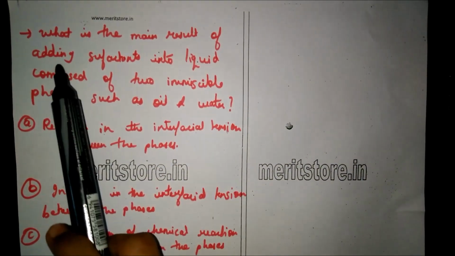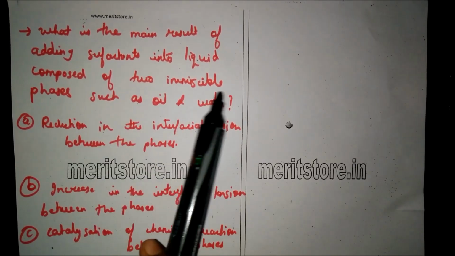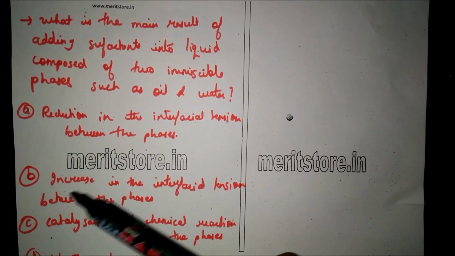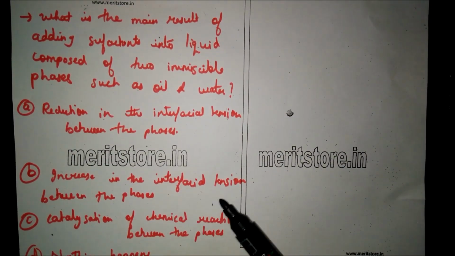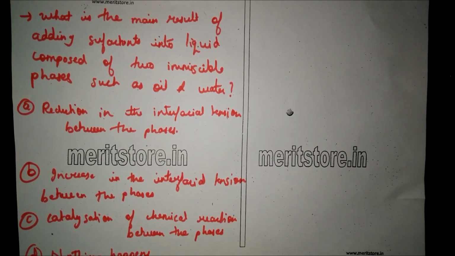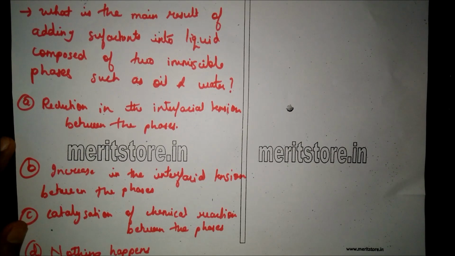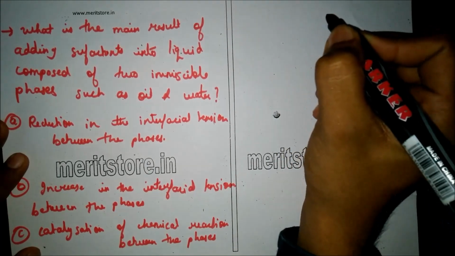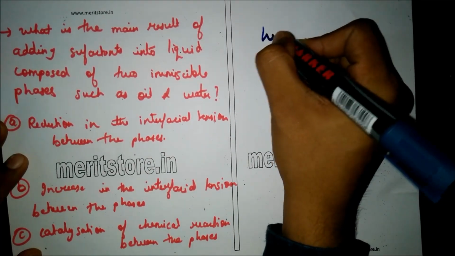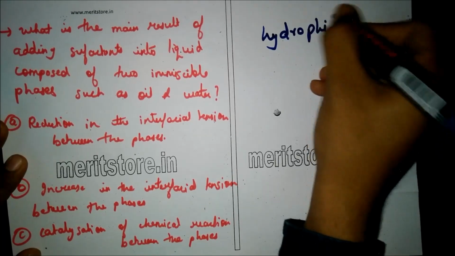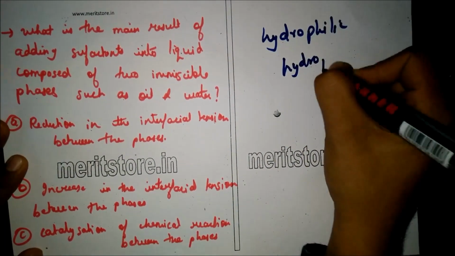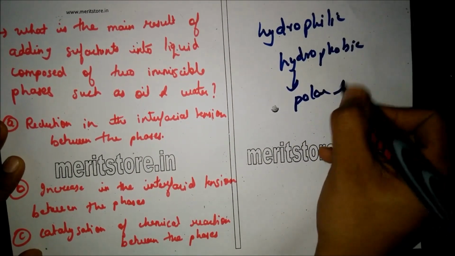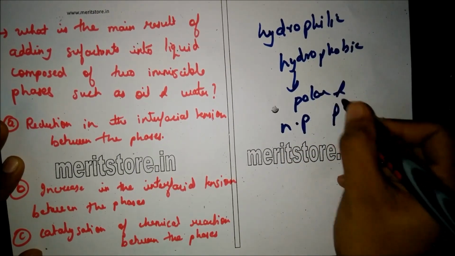What is the main result of adding surfactants into a liquid composed of two immiscible phases such as oil and water? A, reduction in the interfacial tension between the phases; B, increase in the interfacial tension between the phases; C, catalyzation of chemical reaction between the phases; and D, nothing happens. Now, when a surfactant is added, the hydrophilic and the hydrophobic parts of the surfactant associate with the polar and the non-polar phases respectively.